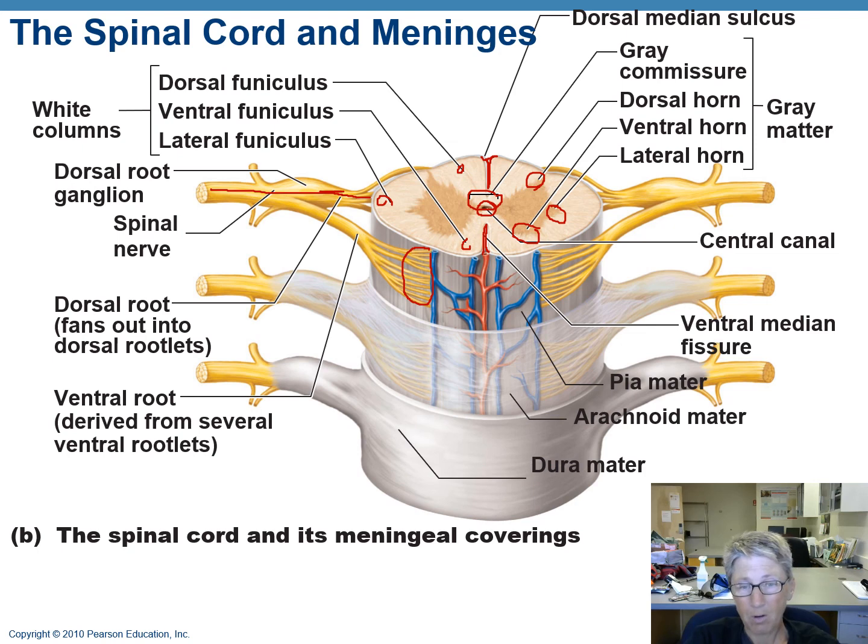And then when all the little rootlets coming out of the spinal cord converge, they converge into a ventral root. And then the ventral root exits through the spinal nerve. And then if you have a ventral root, you have a dorsal root here, and then you also have this dorsal root ganglia where the cell bodies of sensory afferent neurons live.